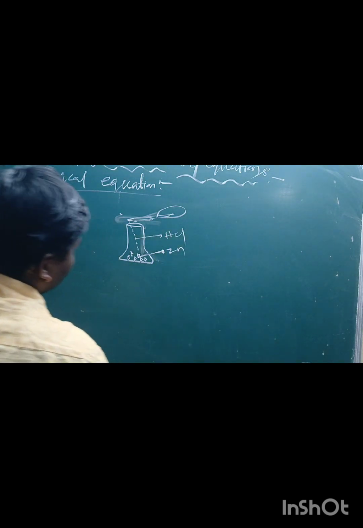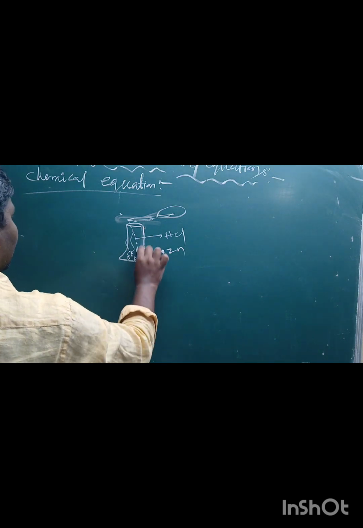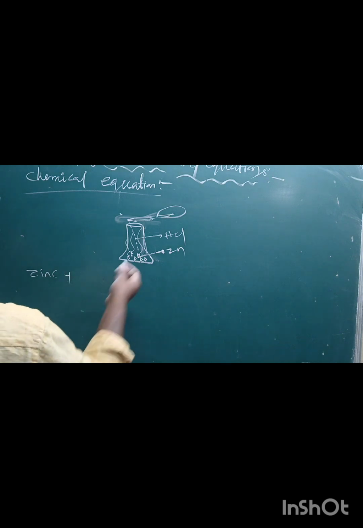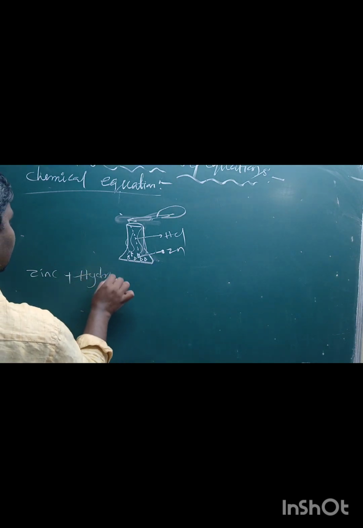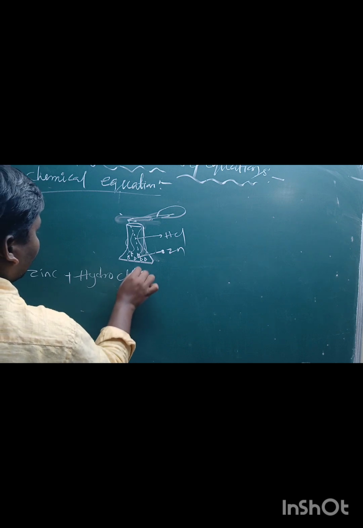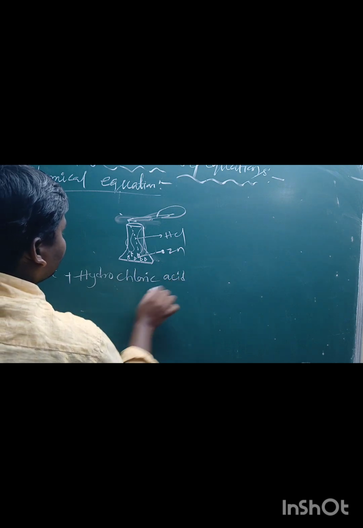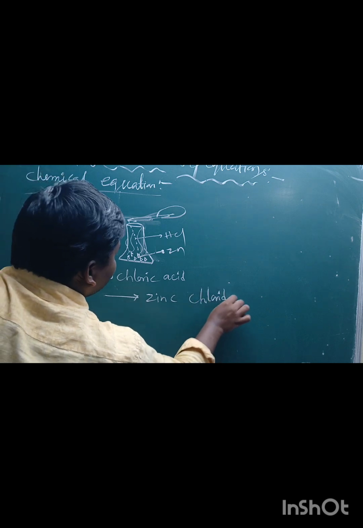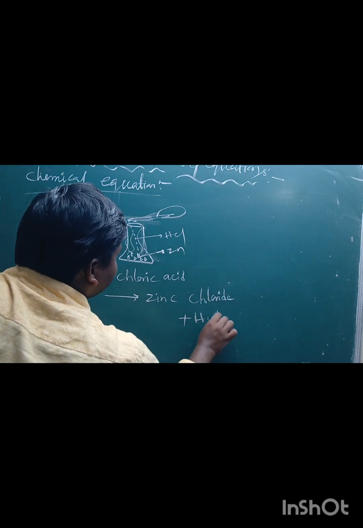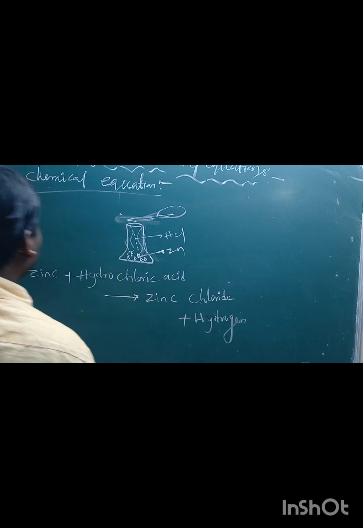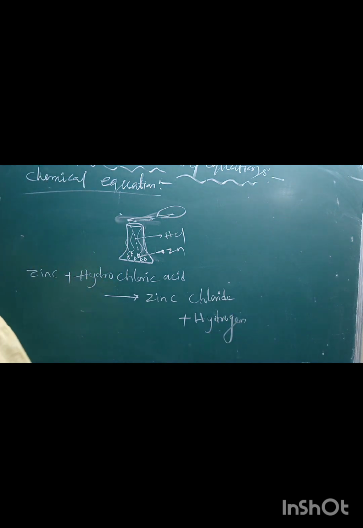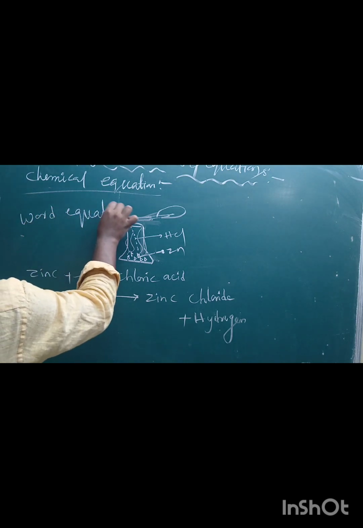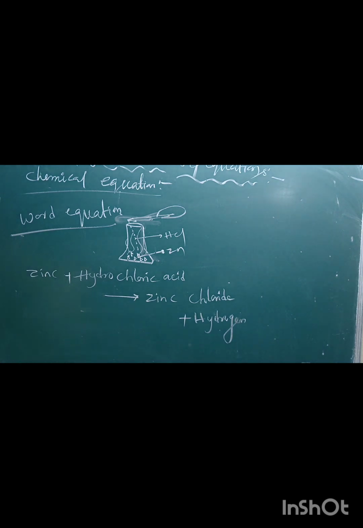What happened? Hydrogen gas is evolved. When zinc metal combines with hydrochloric acid, it forms zinc chloride and hydrogen gas. A chemical equation written in word form is called a word equation.